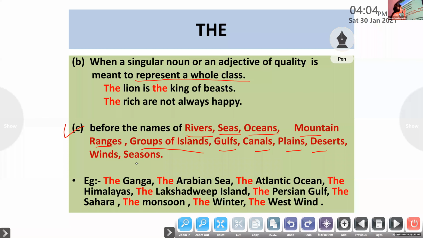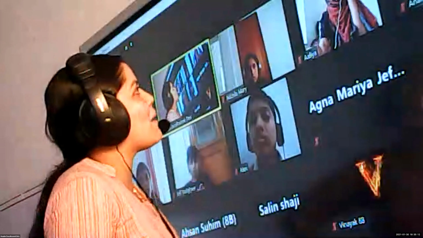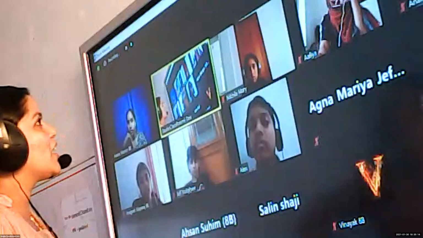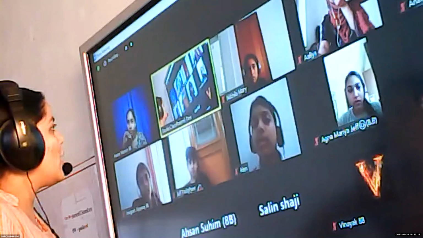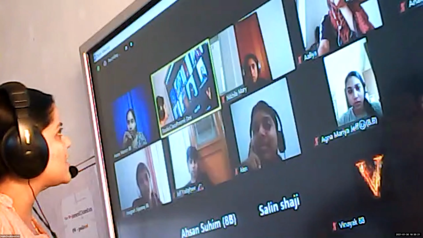Okay, so we have to use the before the names of rivers, the Ganga, and the sea names. Tell me the seas. Seas in the maps. How many of you are familiar with the map? World map? World map. My dear little ones, you are in 8th standard.